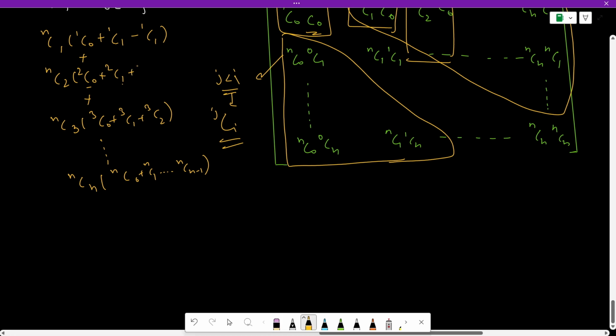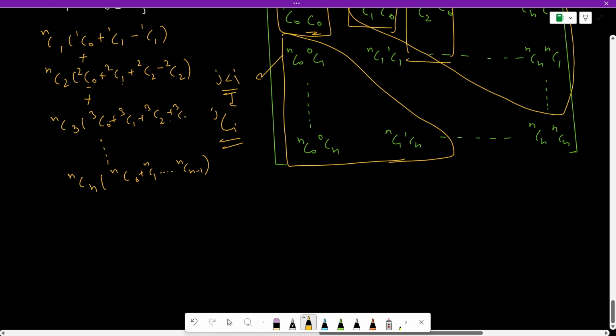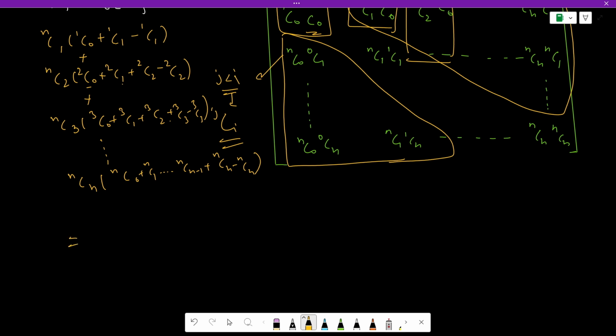Then here we can add 2C2 and subtract 2C2, then here also 3C3 minus 3C3. Similarly till the end we will add nCn and minus nCn. Now this is equal to nC1 into 2 raised to the power 1 minus 1 plus nC2 into 2 raised to the power 2 minus 1 plus so on till nCn into 2 raised to the power n minus 1.